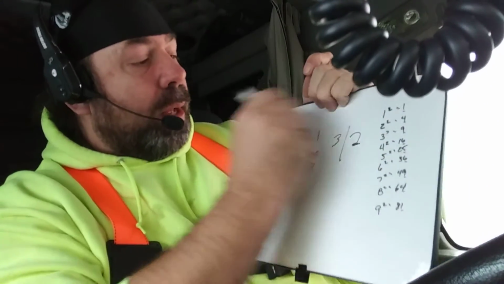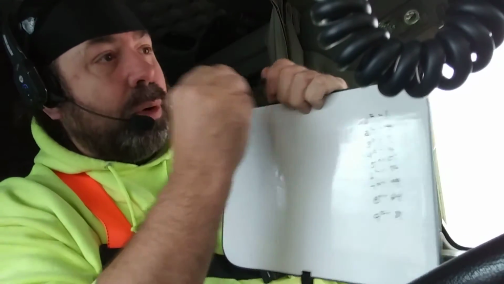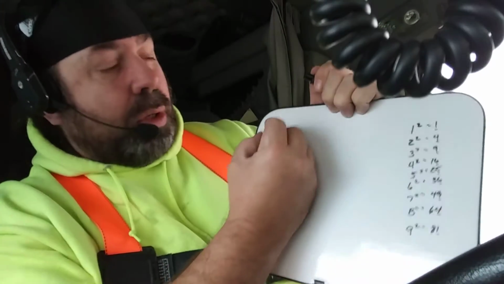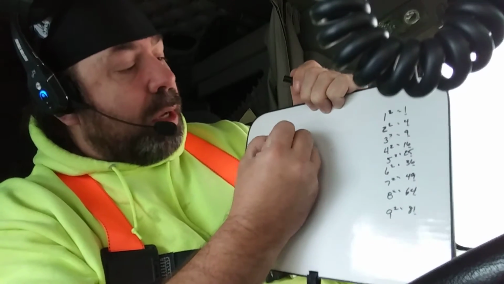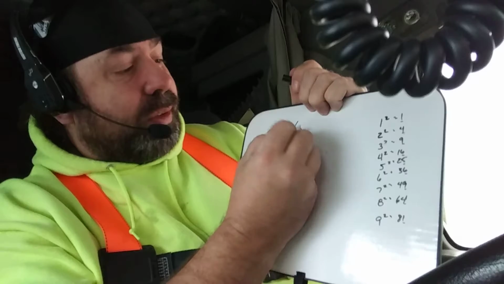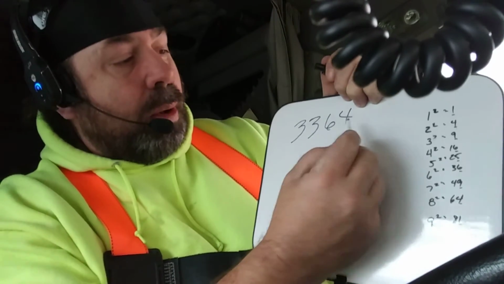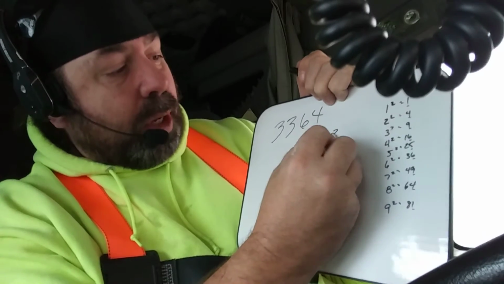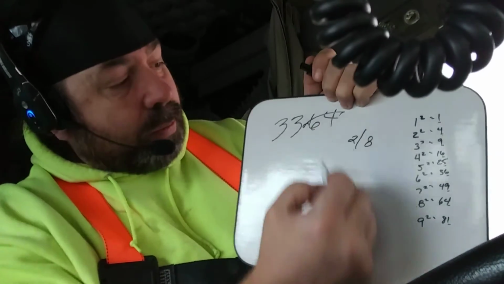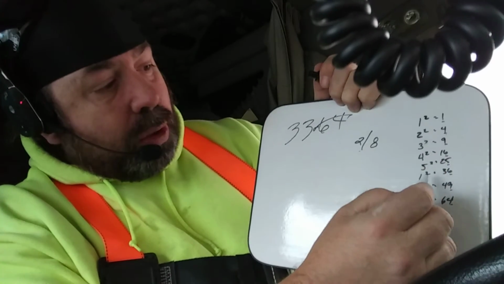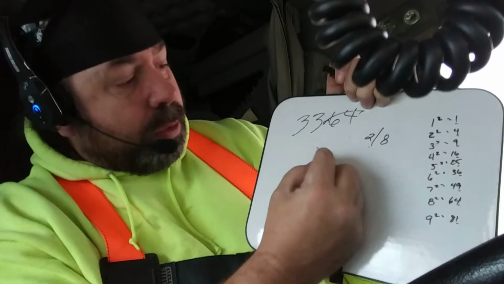All right, that might have been a little confusing. Let's do another one here real quick. How about we do 3,364, okay? The last number is 4, so it's going to be a 2 or an 8, right? We don't have to watch these. Now we can do 6 squared is too big, so we'll do 5.